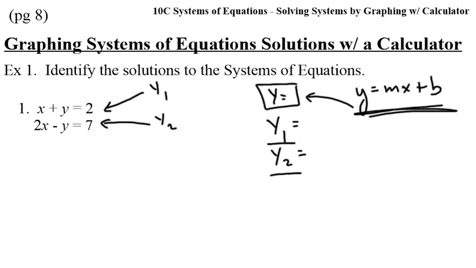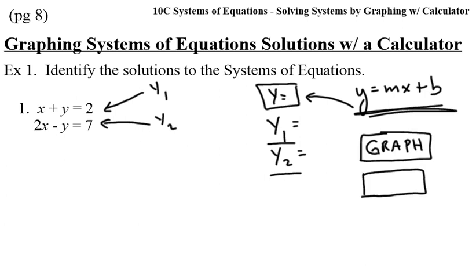After we graph these simply by hitting the graph button, we might have to change, remember, the window display because we need to see the point of intersection. So you might have to play around with your window display each time in order to see it on that graph.